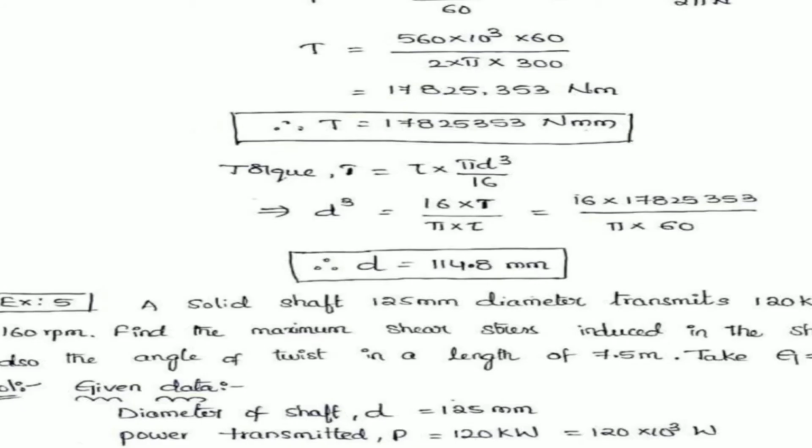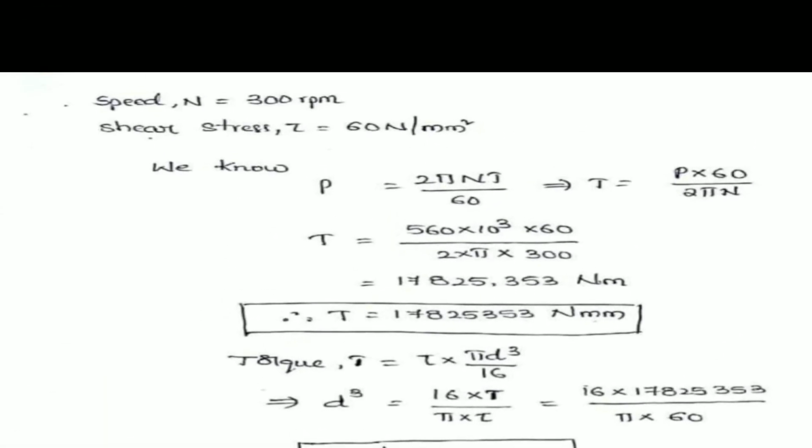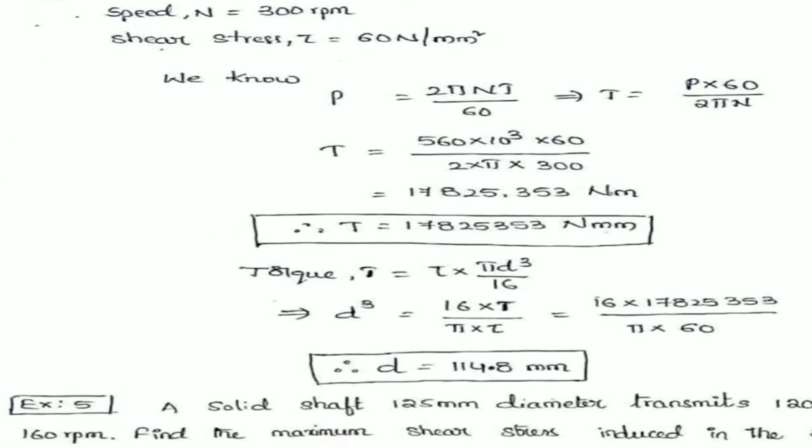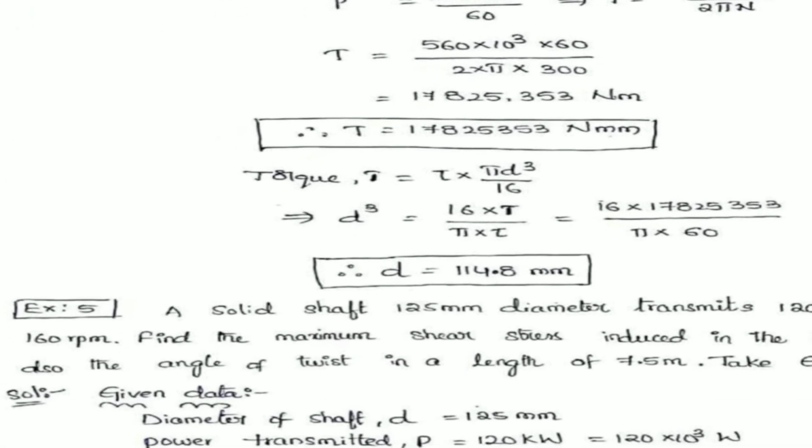Actually, you know the formula, torque T is equal to tau into pi d cube by 16. Here in this problem, to find out the D, the torque T, speed and shear stress are given. To find out the D, torque formula T is equal to tau into pi d cube by 16. Finally, d power 3 is equal to 16T by pi into tau.